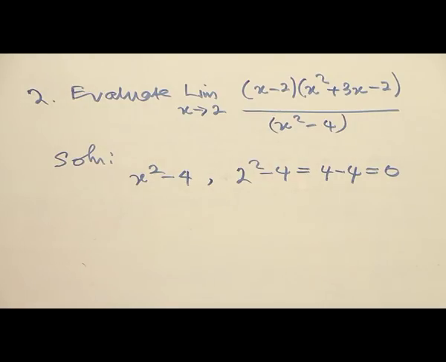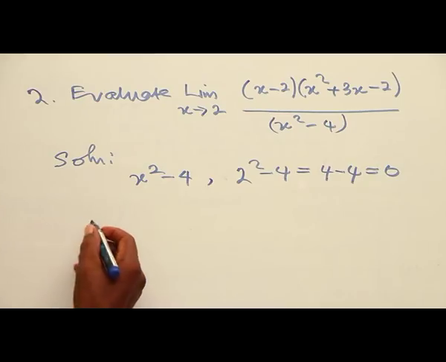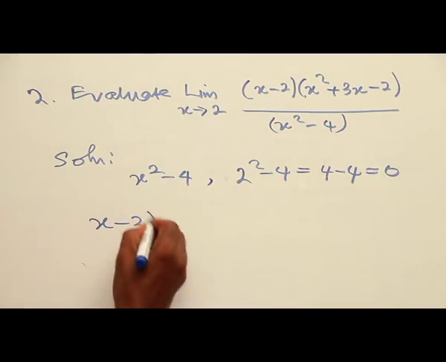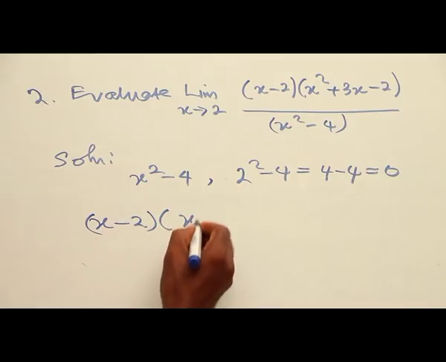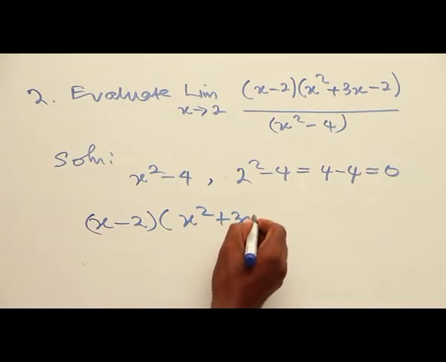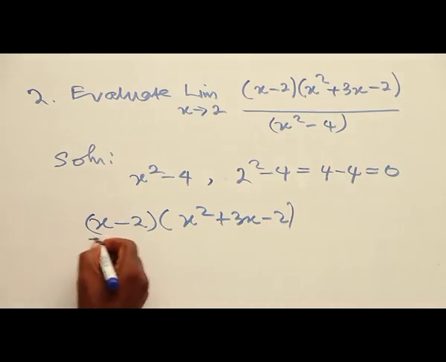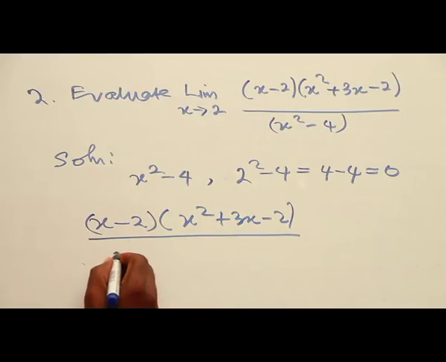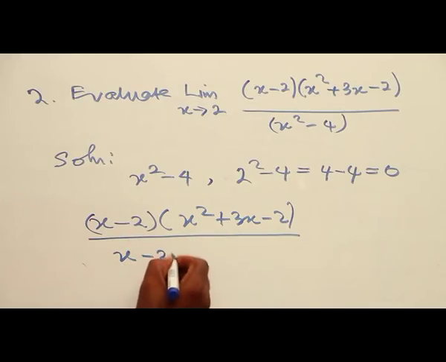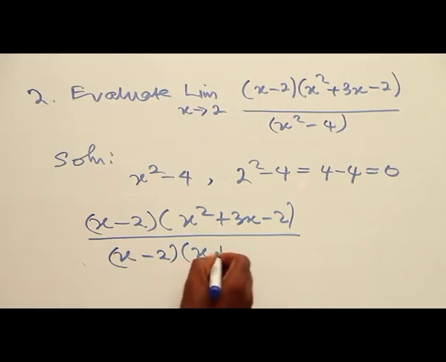So we need to factorize and see if any of the factors cancel out. We have s minus 2 at the numerator, and s squared plus 3s minus 2, all over s minus 2 and then s plus 2, using the difference of two squares, because 4 is the same thing as 2 raised to power 2.